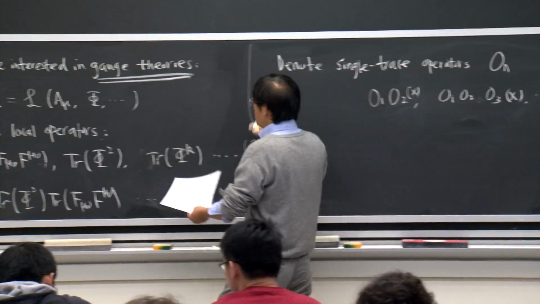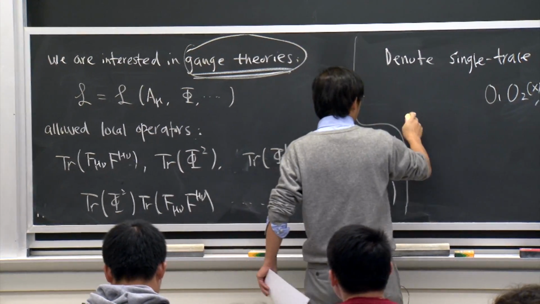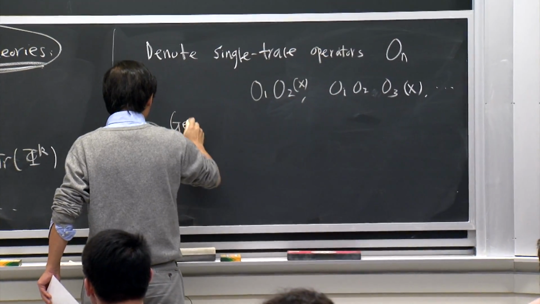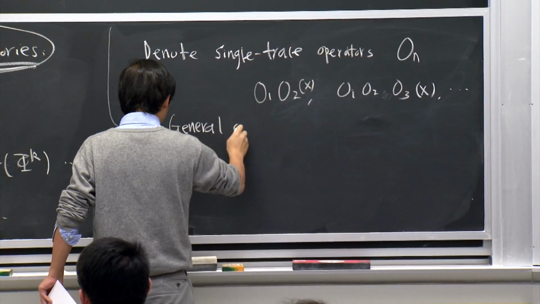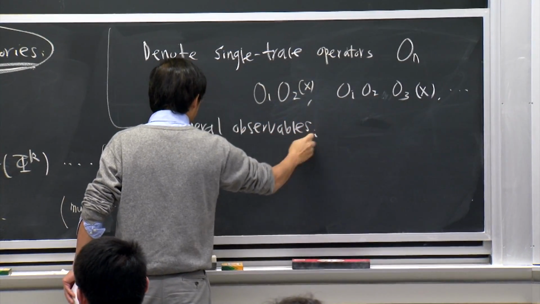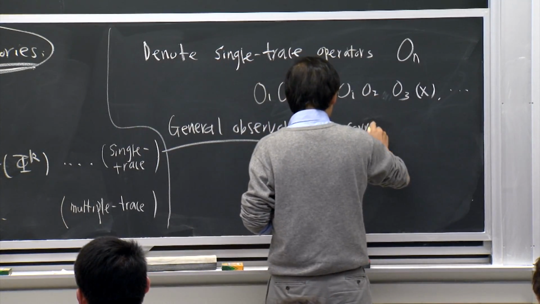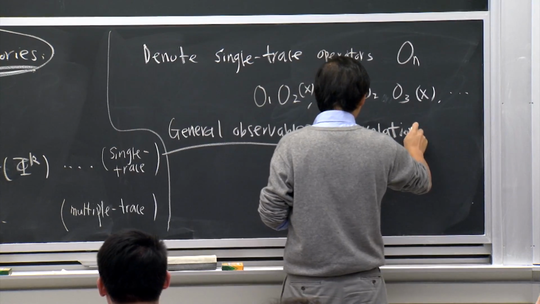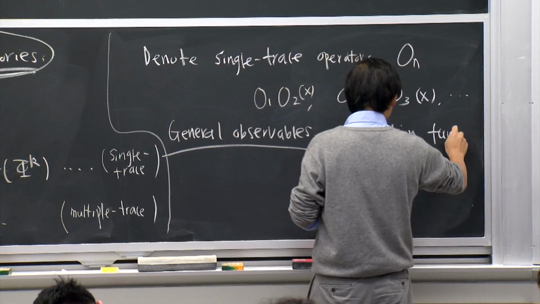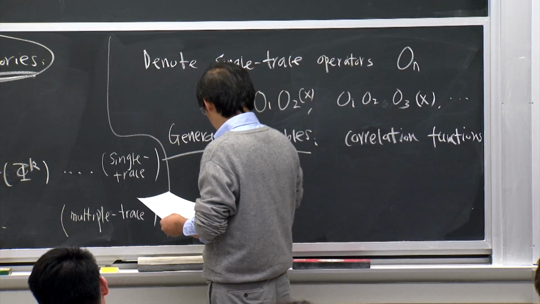Then for such a gauge theory, the general observables in the quantum field theory are just correlation functions of gauge invariant operators.